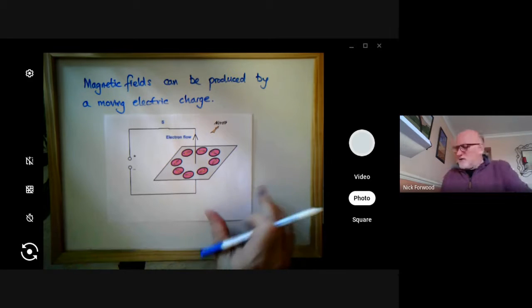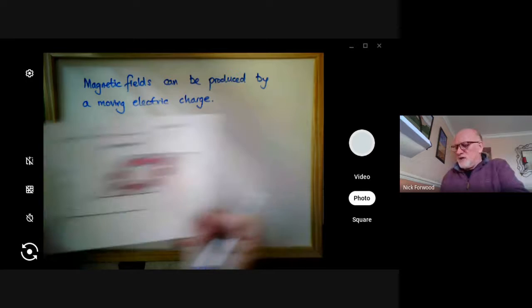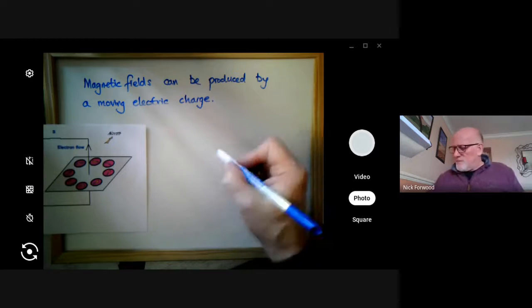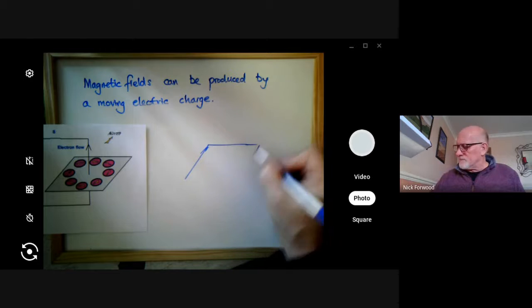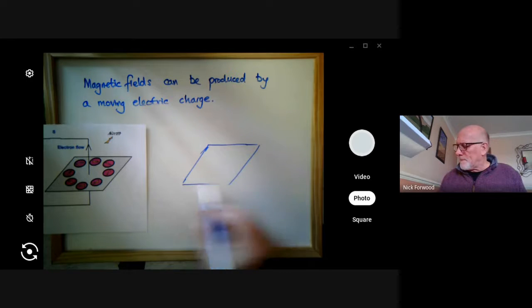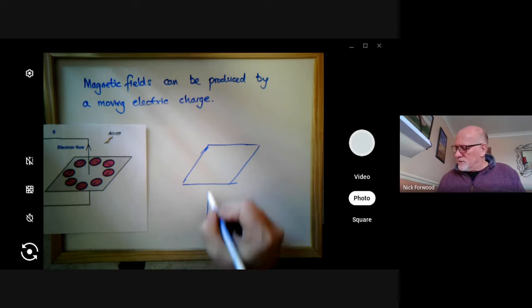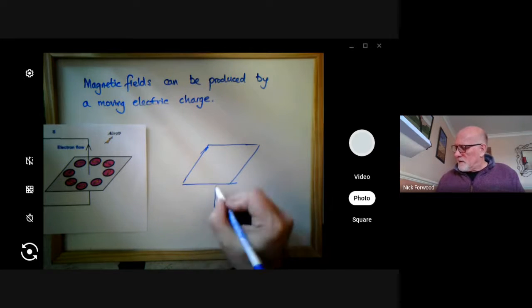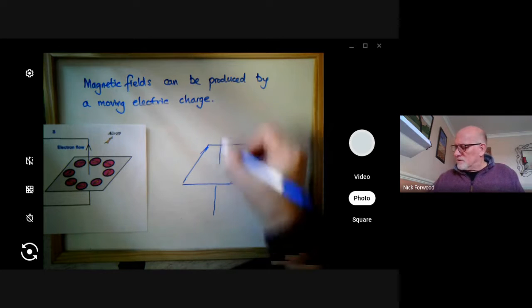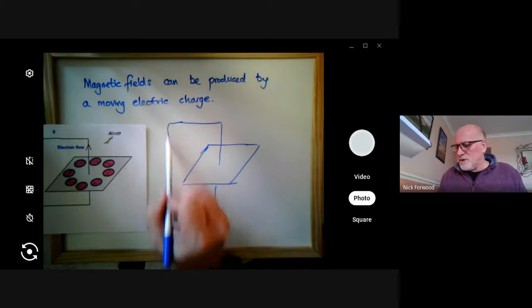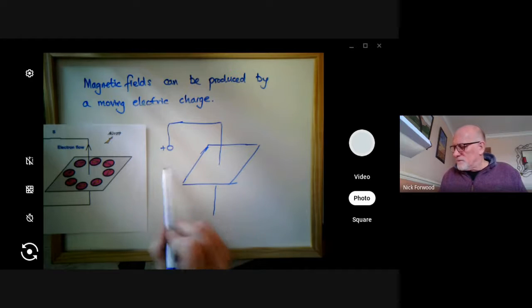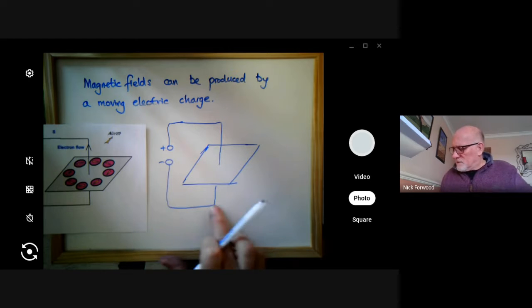So if I take that picture and I have my piece of card like this, and the wire comes up from underneath and comes out the middle of the card and goes along back to my power supply like that.